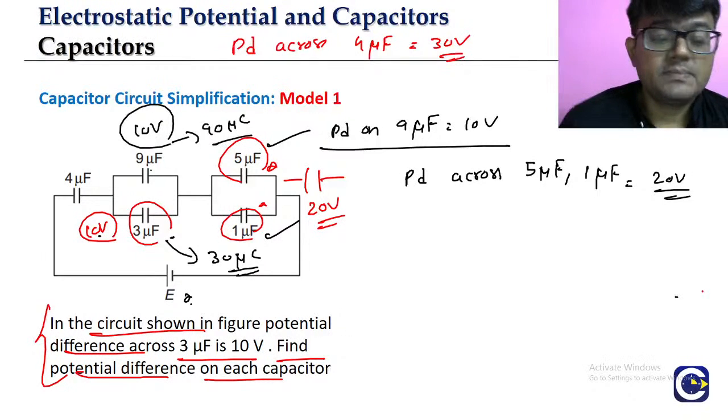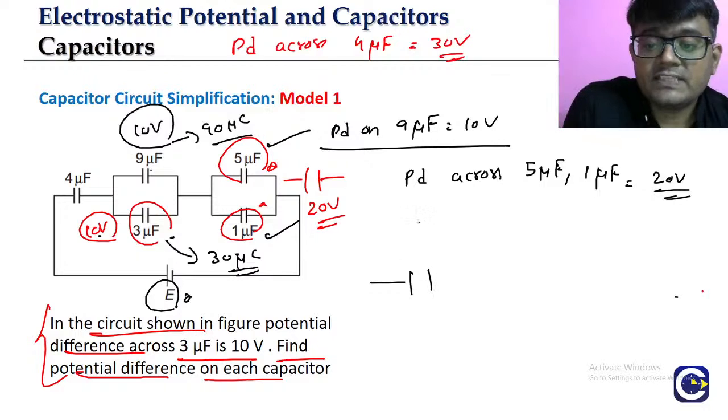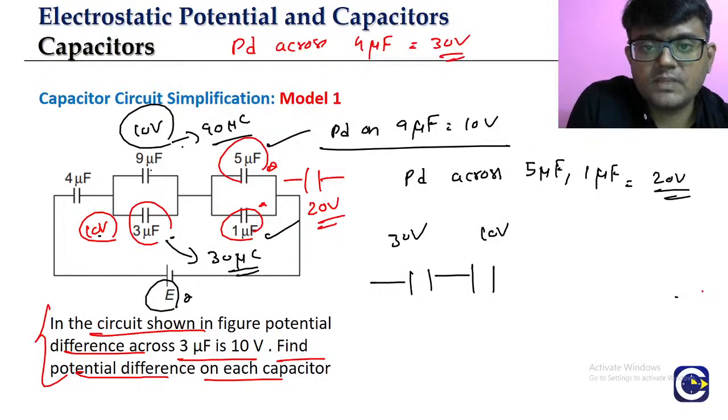Sometimes they can even ask what the source voltage is. Now look, first what do we get? The 4 microfarad. What is the potential difference on that? 30. Then we get the 9 and 3 parallel branch. What is the potential difference across the branch? 10 volts. The parallel branch potential difference will be the same as the equivalent. Then we get a parallel branch of 5 and 1.